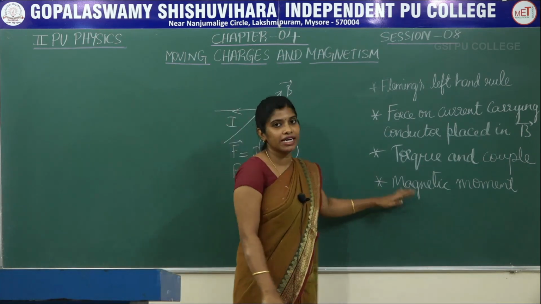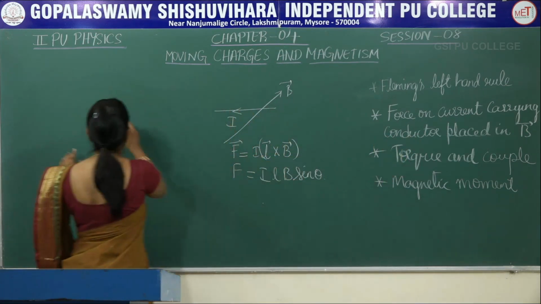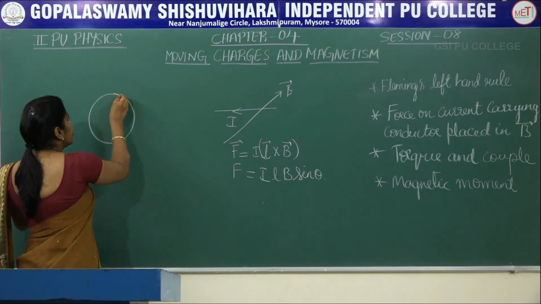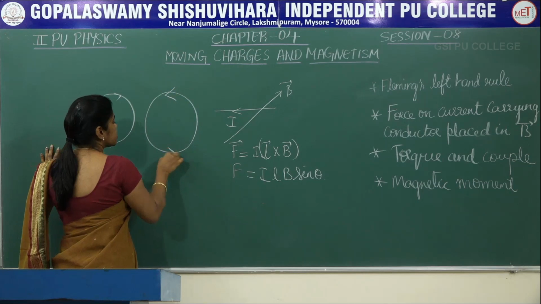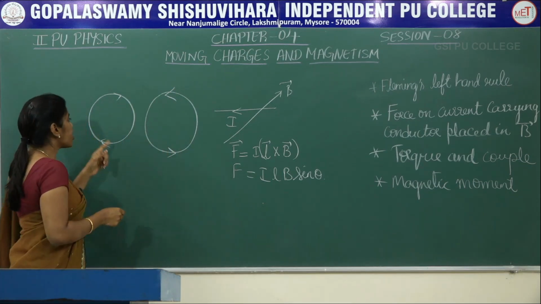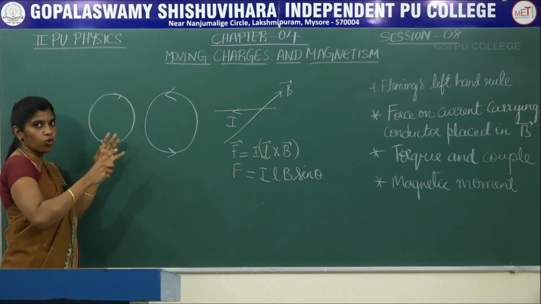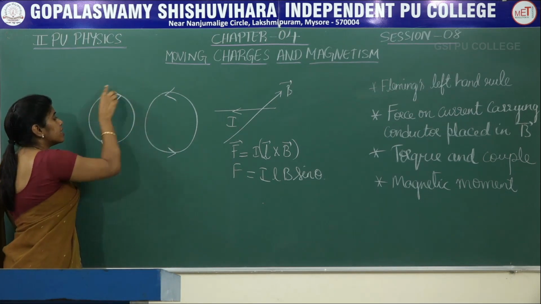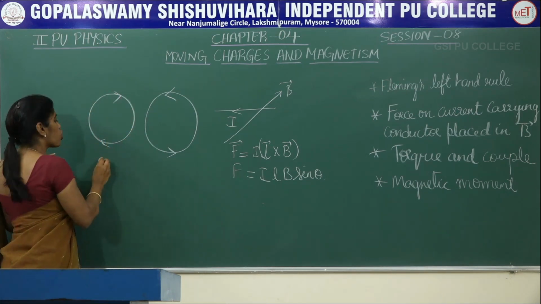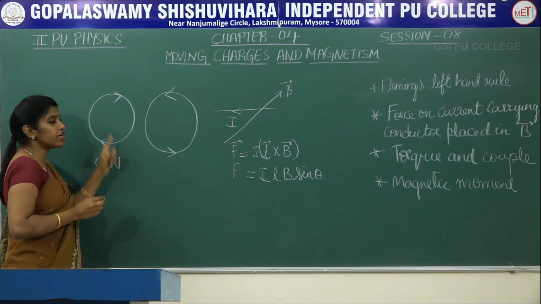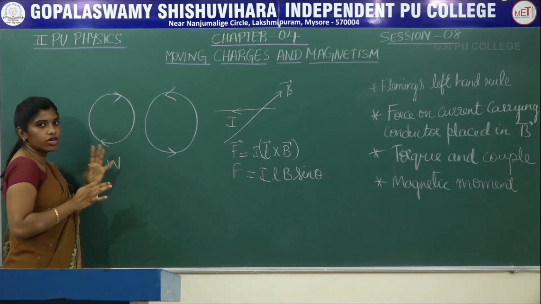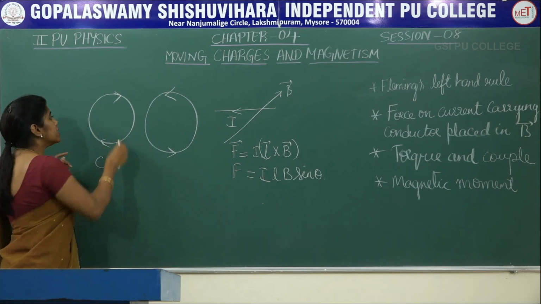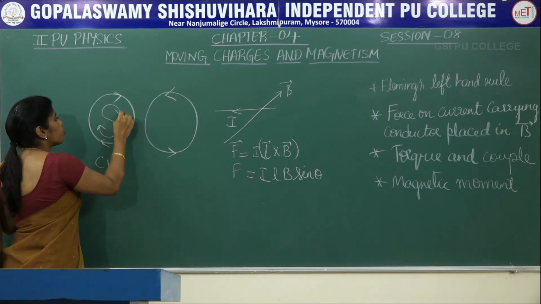Next, coming to magnetic moment. I have already explained to you, a current carrying loop acts like a magnet. It acts just like a magnet. If I have a current carrying loop, and here you can see the direction of current is clockwise. Whenever the direction of current is clockwise, then this side of the current carrying loop is considered as the south pole.